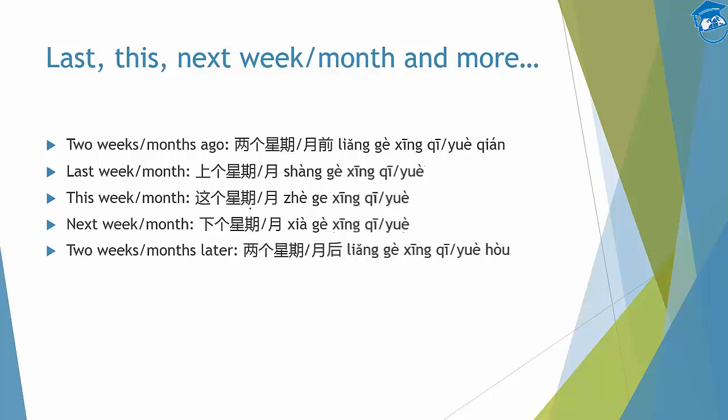So we use the normal this here, which is 这. For next week, it is 下个星期 or 下个月. 2 weeks or 2 months later is 2个星期后 or 2个月后. We'll see more of this example in the exercise.